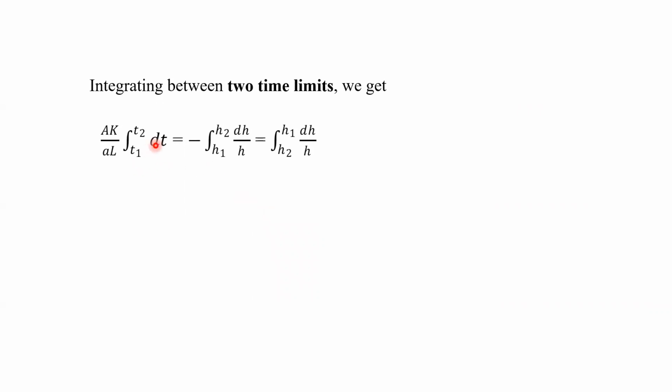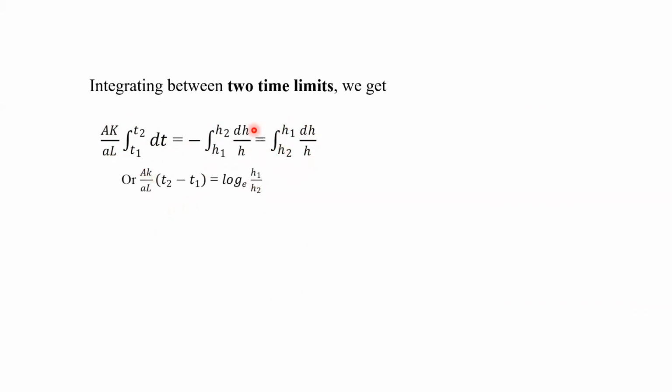How are we going to integrate? As we have seen in the previous slide, t1 to t2, and minus dh is there, so h1 to h2. If we remove the minus sign, the integration becomes h2 to h1 of dh by h.